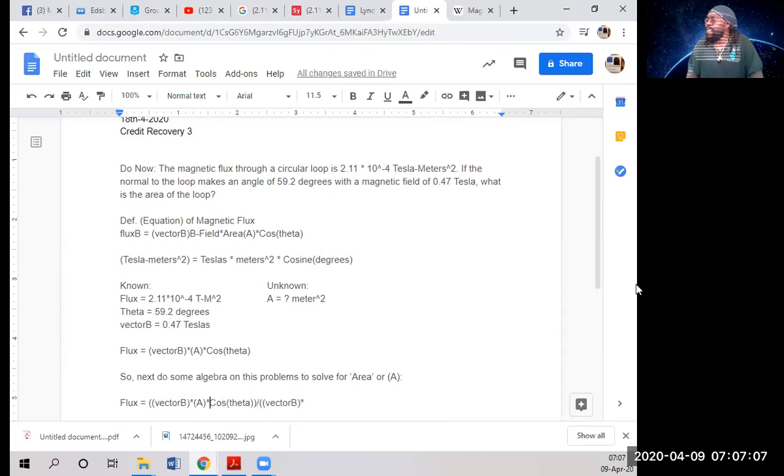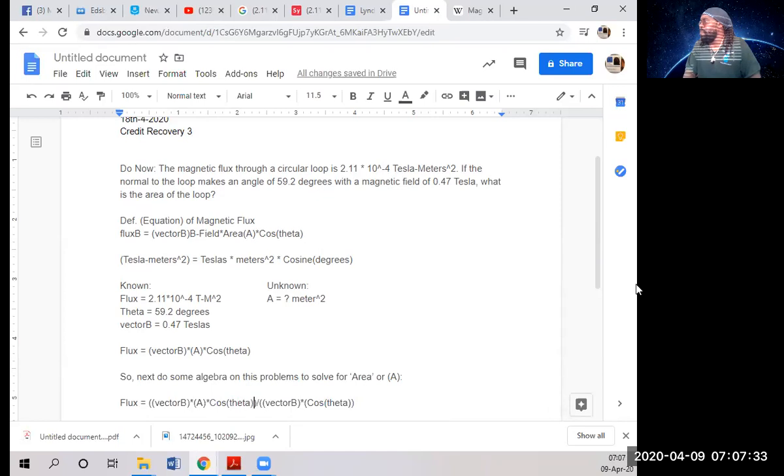I want to also get cosine away from that as well. So I'm going to take that and put it in the denominator, or my computer science version of a denominator. Now what I have is something that will cancel out the vector B and the cosine theta.